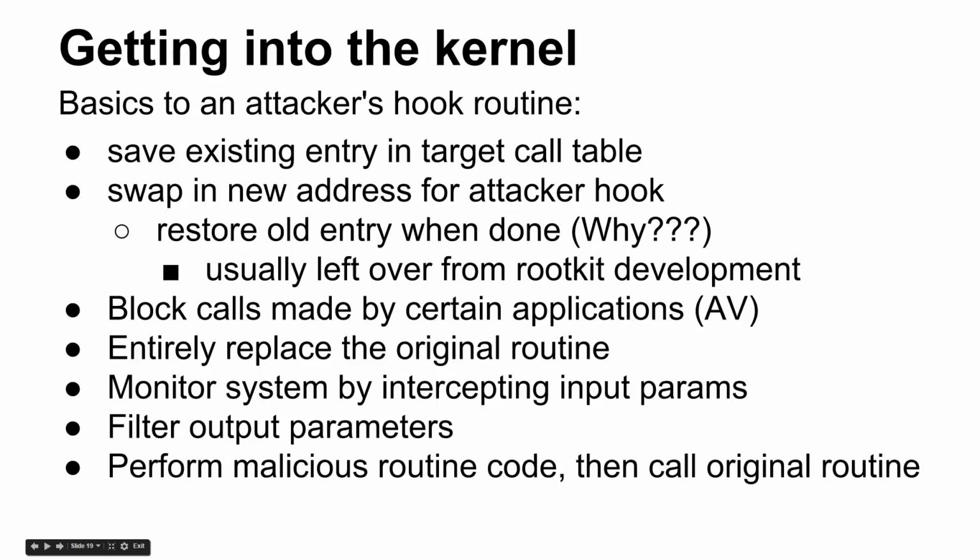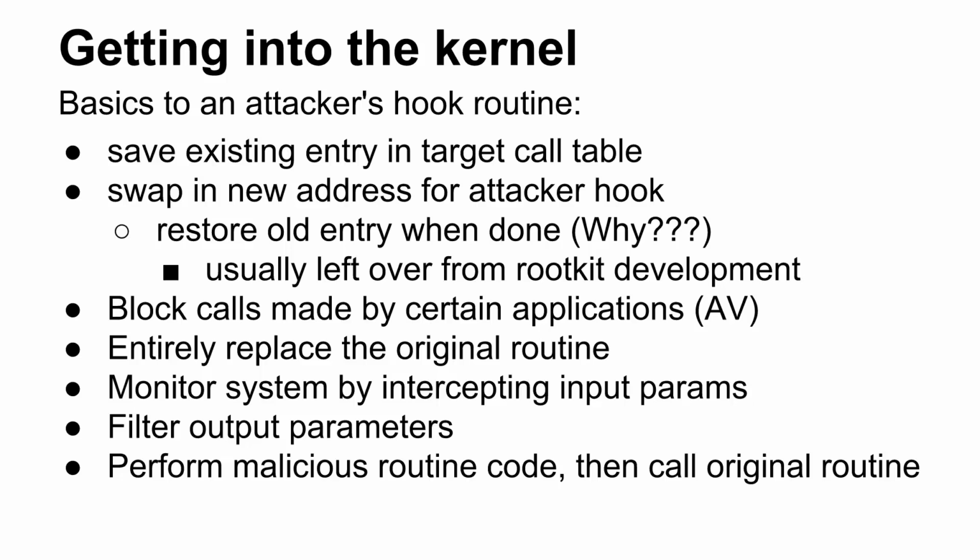So again, to revisit the basics of hooking, you save the existing entry or contents of the call table and swap in a new address for your hook. Then at the end of your hook code, you return back to that call table or point it to the intended function.